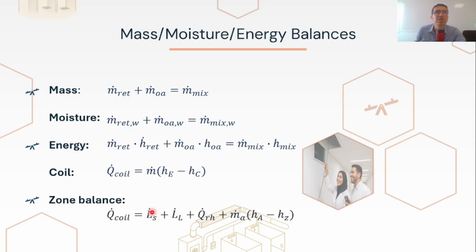So this is the sensible load, the latent load, plus the heat that is given to the air, plus the mass flow of the air entering and the enthalpy difference between state A and state C. So this compact expression actually aggregates sensible, latent, reheat, and ventilation effects, and is our diagnostic for the power load decisions.